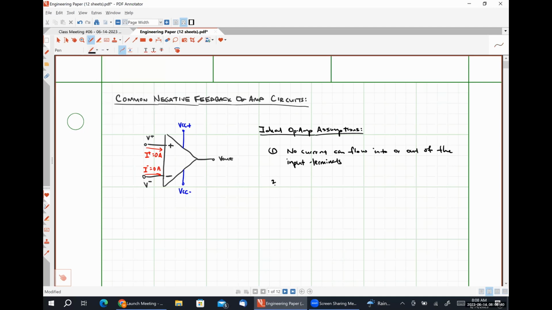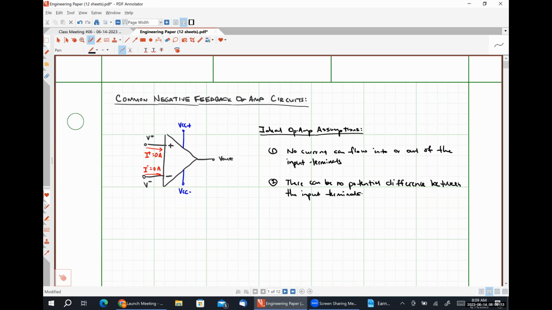Our second assumption here is that there can be no potential difference between the input terminals.